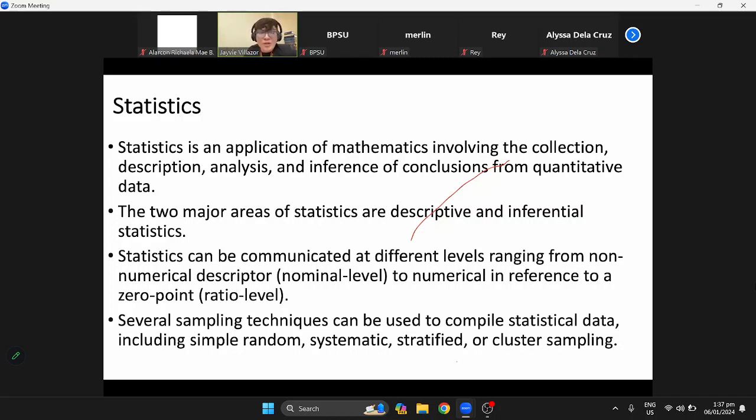Now, for the parametric sampling technique, we have simple random, systematic, stratified, or probably we have the cluster. And when we talk about non-parametric, of course, you use this or utilize it in your experiment, di ba? For POSIL. Okay? Yeah. So, next.